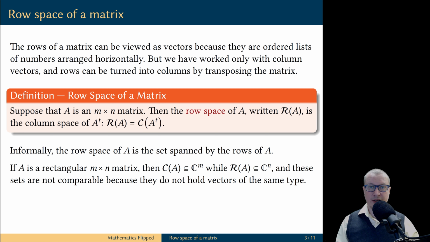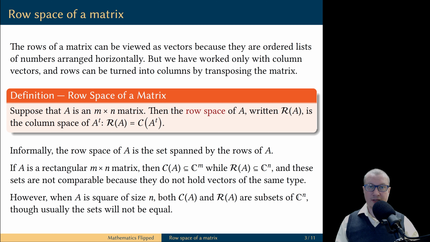It consists of vectors of size n. Therefore, these two sets cannot even be compared because they consist of vectors of different size. This is not a problem when A is a square matrix. In this case, both row space and column space consist of vectors of the same size, but even in this case, the column space and the row space do not have to be the same.